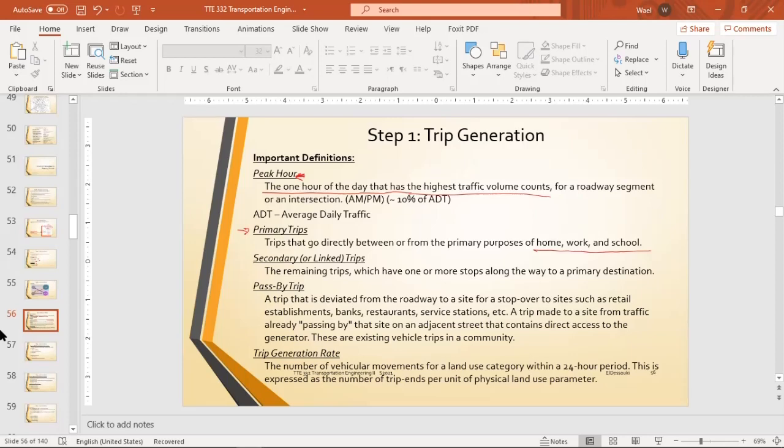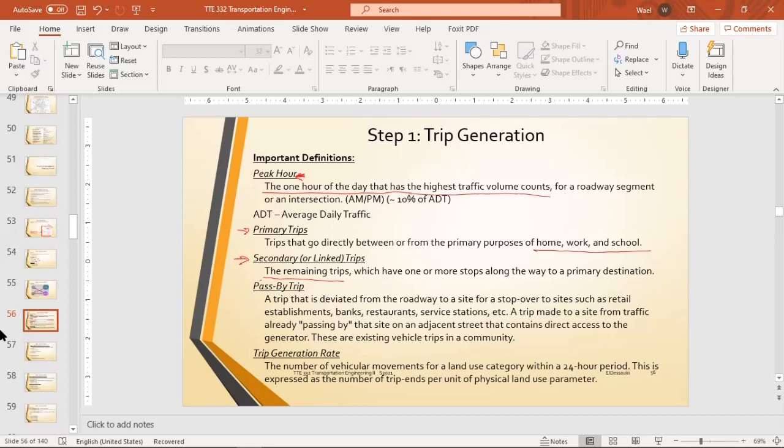There are other trips which are called secondary trips or linked trips, the remaining trips. That's a good definition: the remaining trips which have one or more stops along the way to the primary destination.